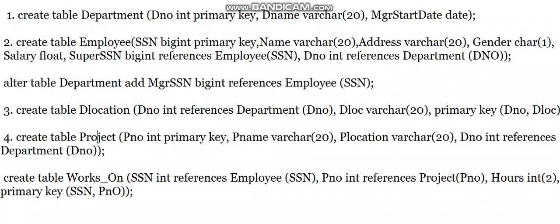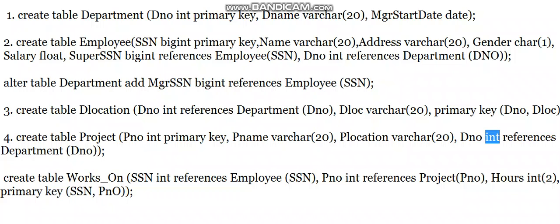Then the fourth one is create table project, with project number as a primary key, project name, and location. Then there is a department number which references department's department number. Whenever you are using any references, please look at the data types you have used in the parent table.